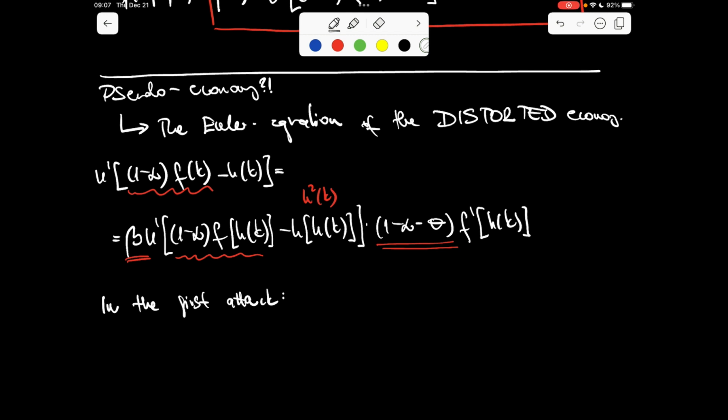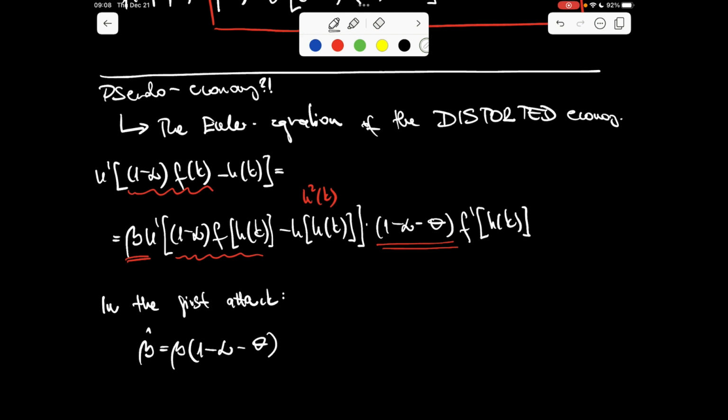But I believe, once again, I believe this failure we are going to face is very helpful, because on this basis, in the next step, in the second attack, we will find the right solution.